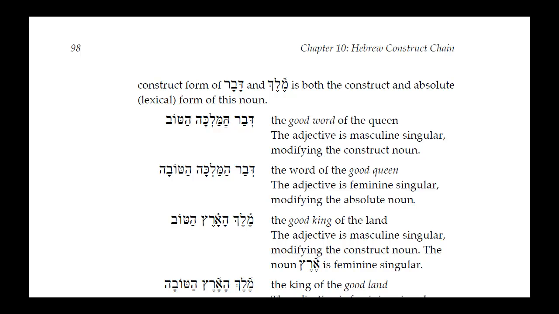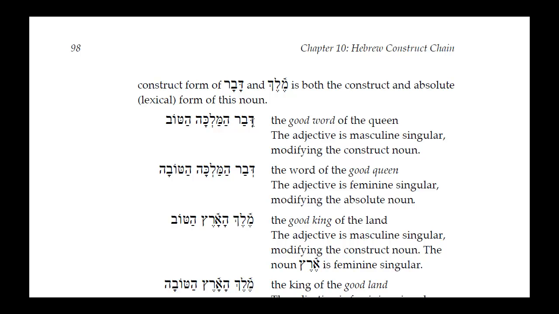Well, hamalka is not masculine. That's feminine because the kamatz heh tells us that it's feminine. So it must be davar. So we would say the good word of the queen. Hatov is agreeing with davar, the construct noun here. And that's how we would translate that.